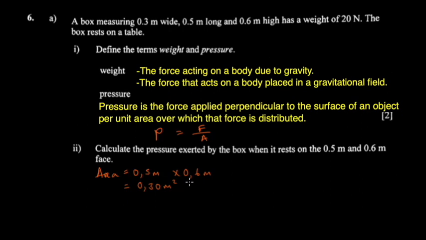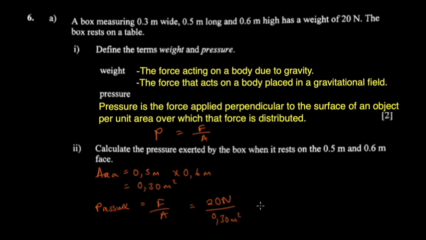Yeah, another way to look at it is that you're just multiplying 0.6 by half, so you obviously get this. So therefore pressure, which equals force over area, equals the force you're given, 20 newtons, and the area, 0.30 square meters.